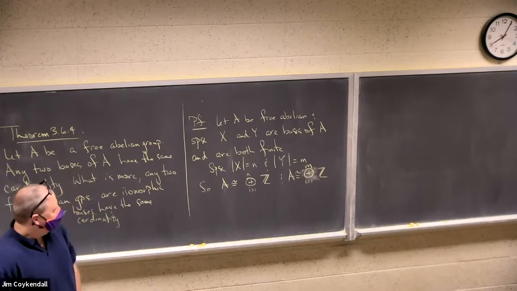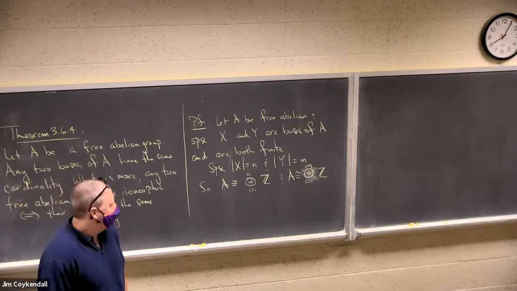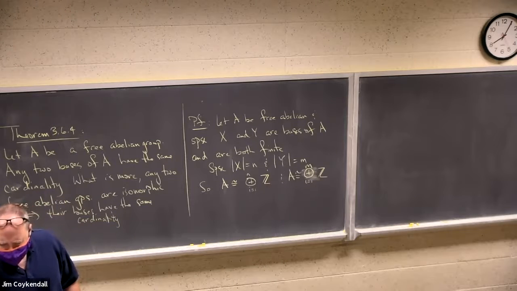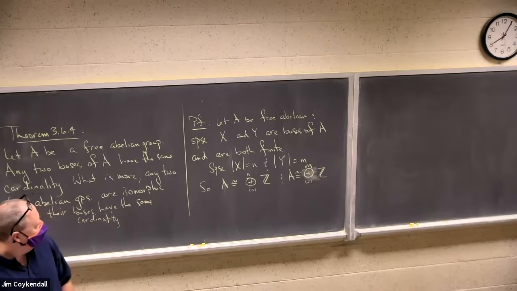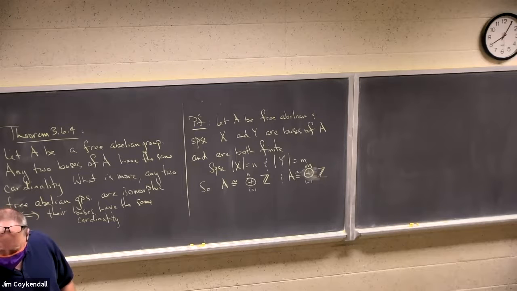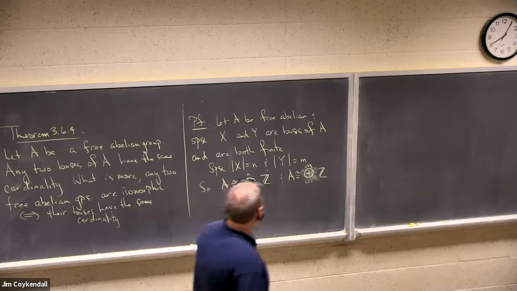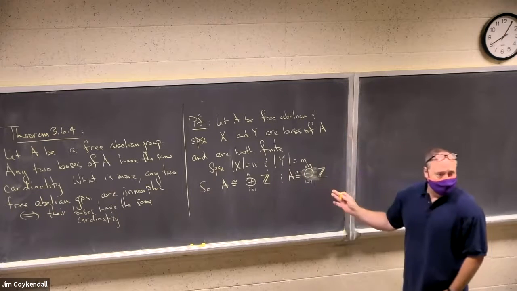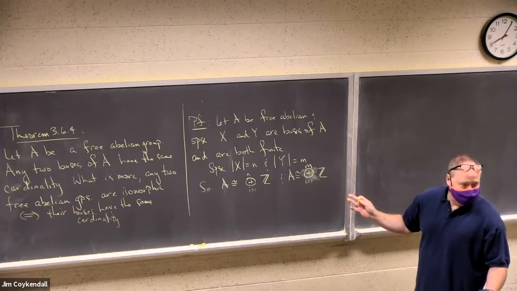So A is isomorphic to n copies of Z, and it's also isomorphic to m copies of Z. So what is the problem with this? I mean, this doesn't look right, does it? How can it be isomorphic to both n and m copies?